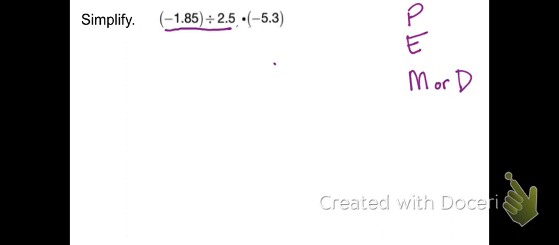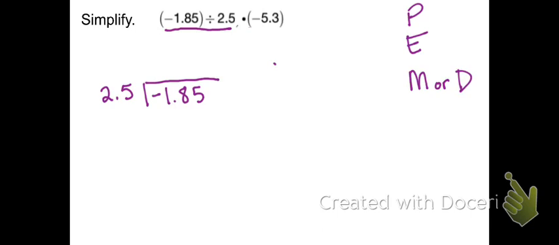So I have negative 1.85, and I'm dividing that by 2.5. When I write that down, I'm going to put the 2.5 on the outside and the negative 1.85 on the inside. Now, I like to not include positive or negative symbols when I am doing division.